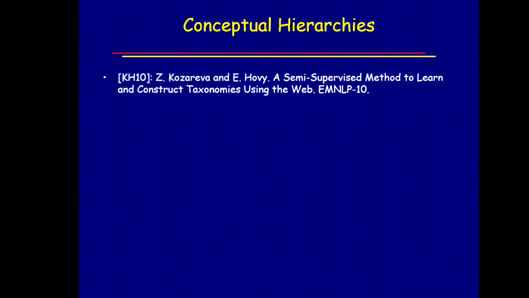One is work done at ISI, the Information Sciences Institute, at the University of Southern California. Zornica Kozareva was a visiting researcher at the time. She was already interested in extracting ISA relations from the web.